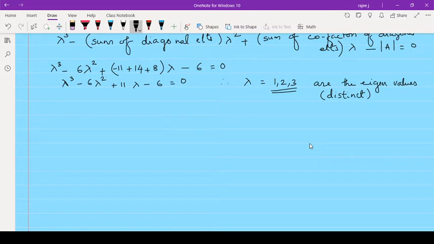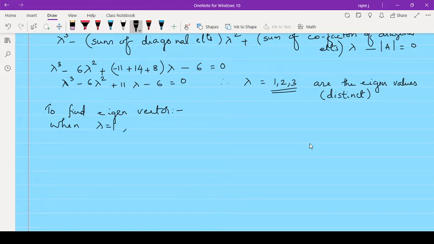Now, we need to find the eigen vector. So, case 1, to find the eigen vector when lambda is equal to 1. You need to take lambda equal to 1, 2, 3, all the values.